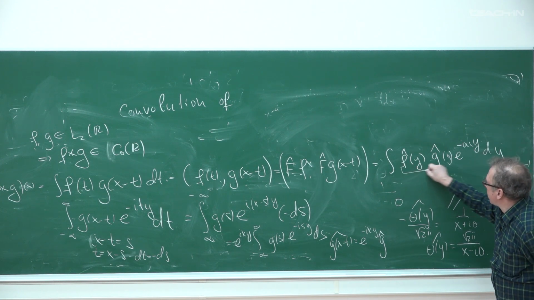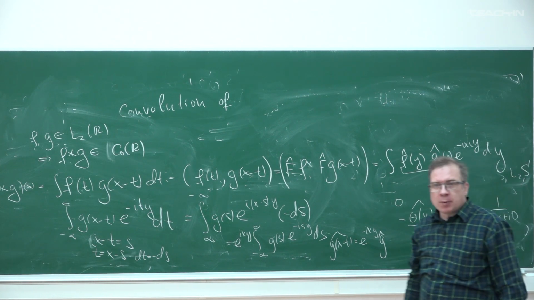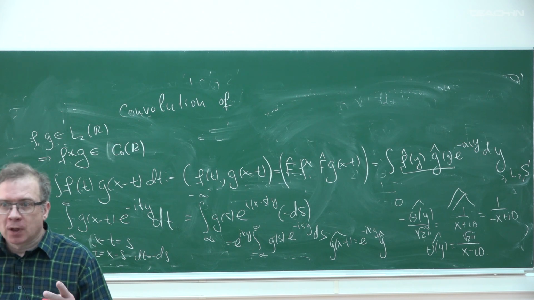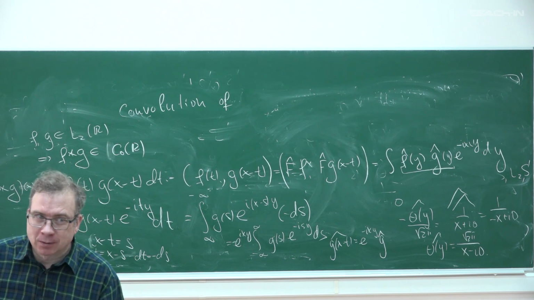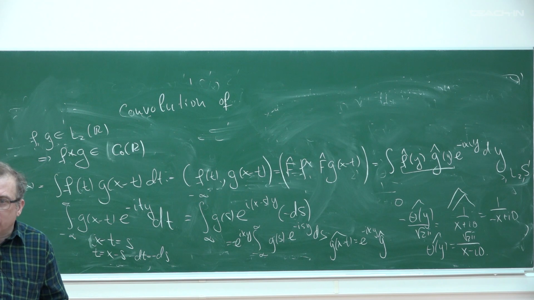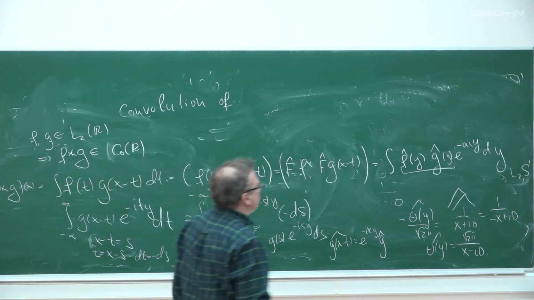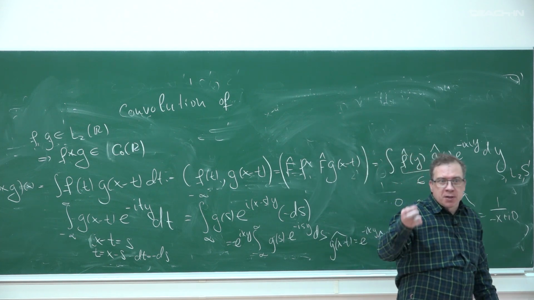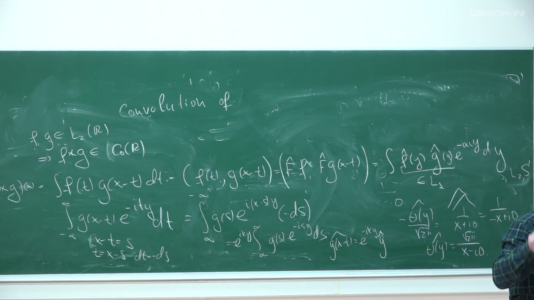What can you say about this function? Multiplication of two functions from L2. It is a function from L1, because it's a scalar product. And here is written the Fourier transform for a function from L1.